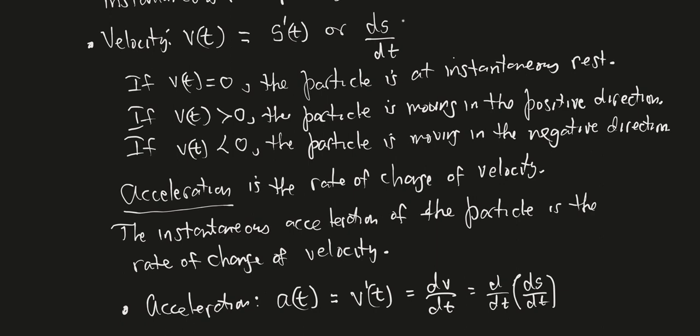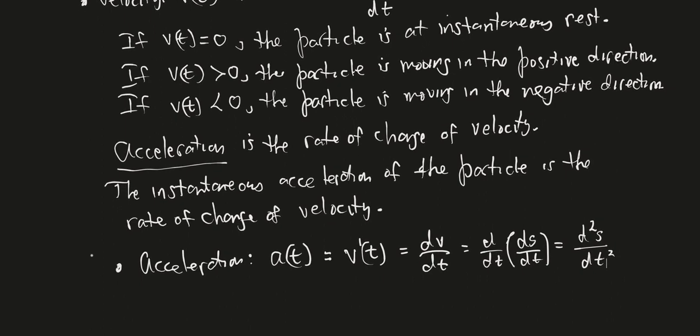Because up here, this is another way that we could represent velocity. So if I'm going to differentiate this, then acceleration is the second derivative. So this is our second derivative of the position function with respect to time. All right. So these two functions, velocity and acceleration, are vital in terms of analyzing motion, right?